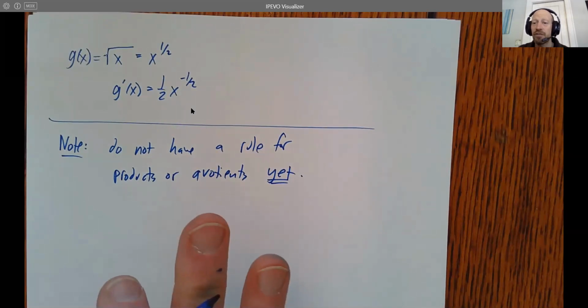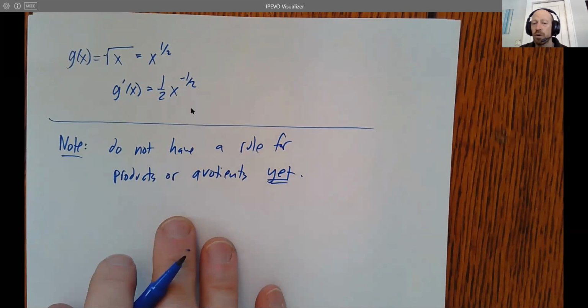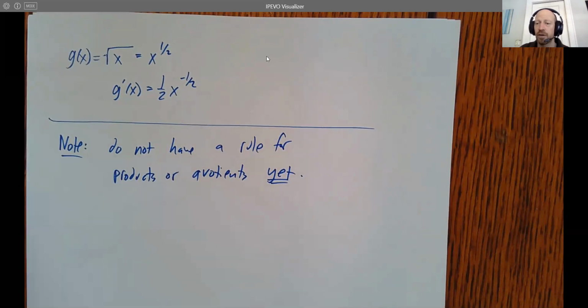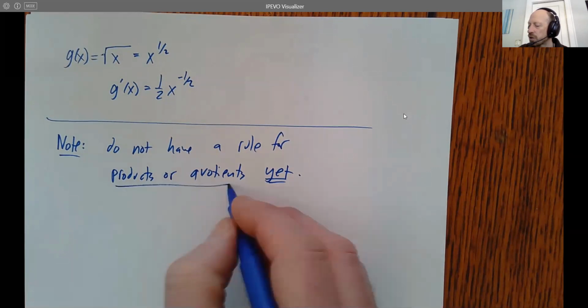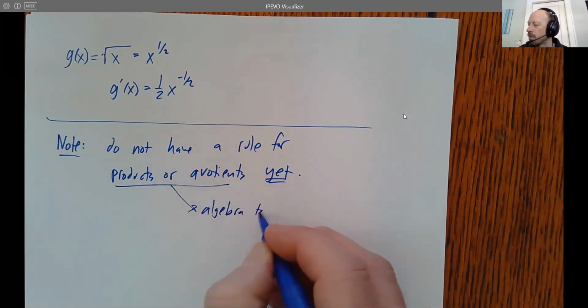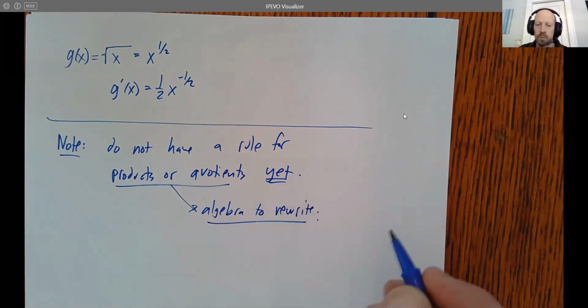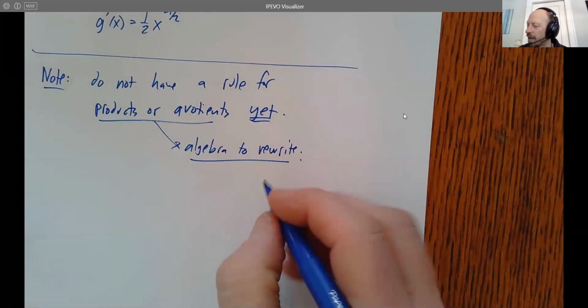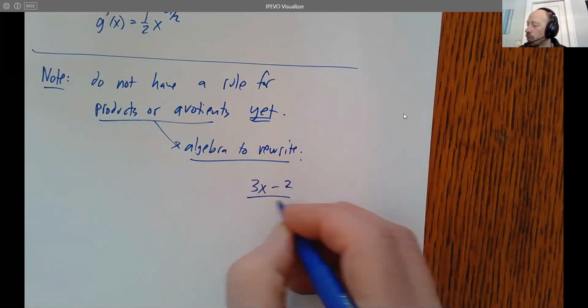We can add or subtract, no problem, but products or quotients are a bit more advanced for us. So if you see a product or a quotient, you've got to use some algebra to rewrite. An example of that would be like 3x minus 2 over x.